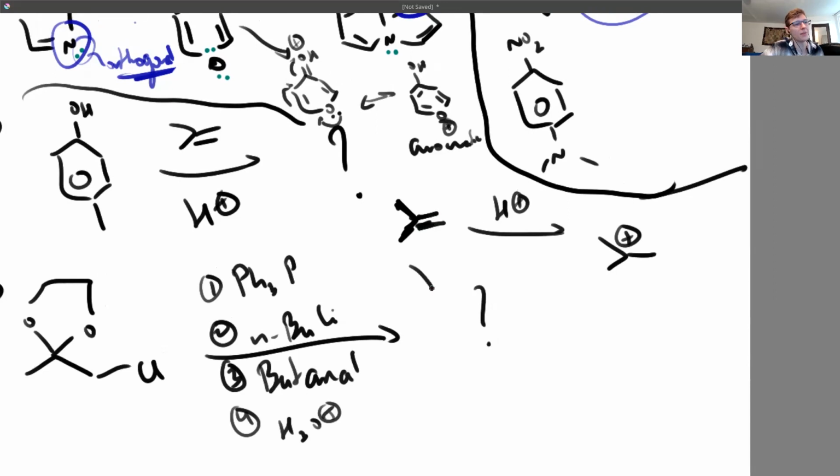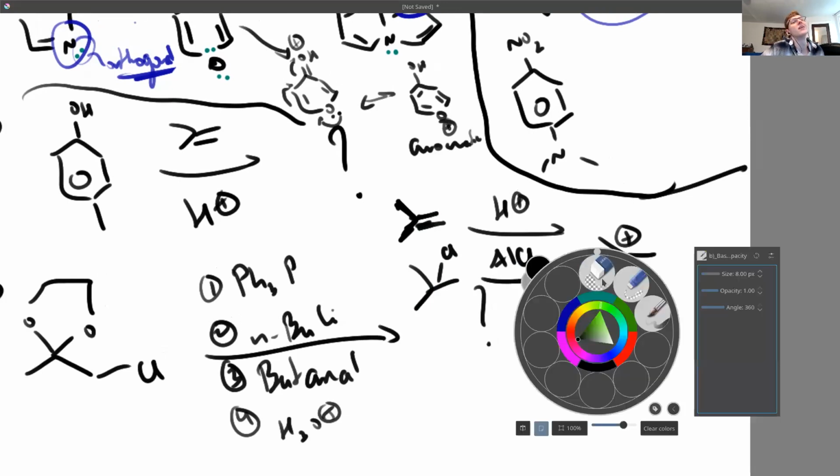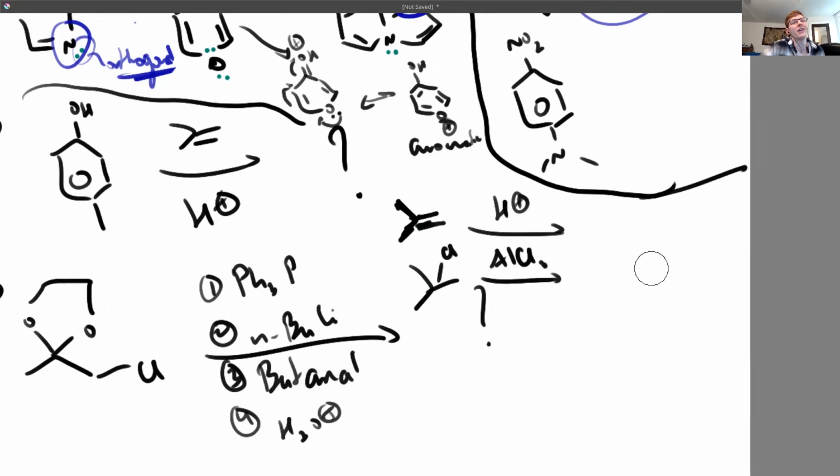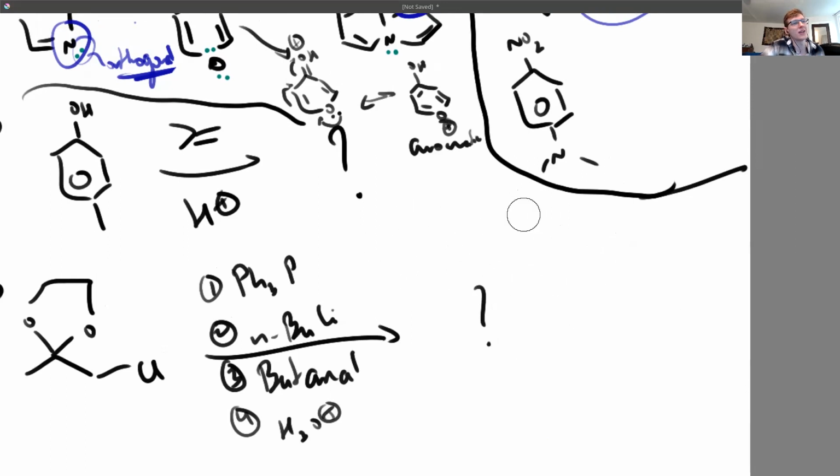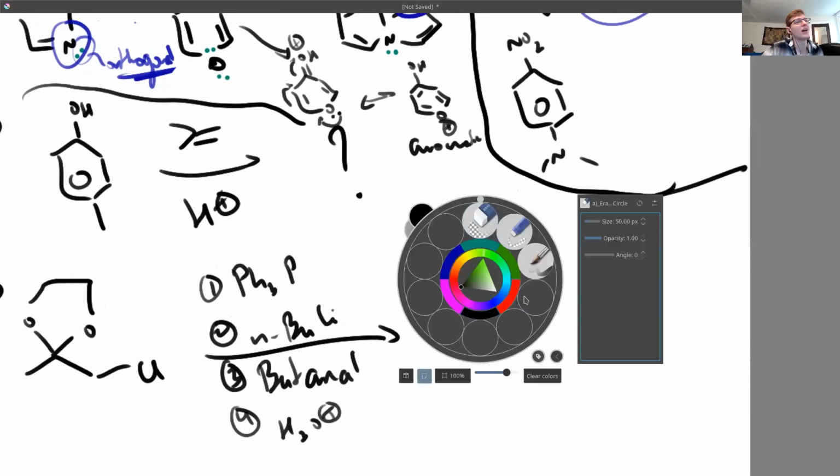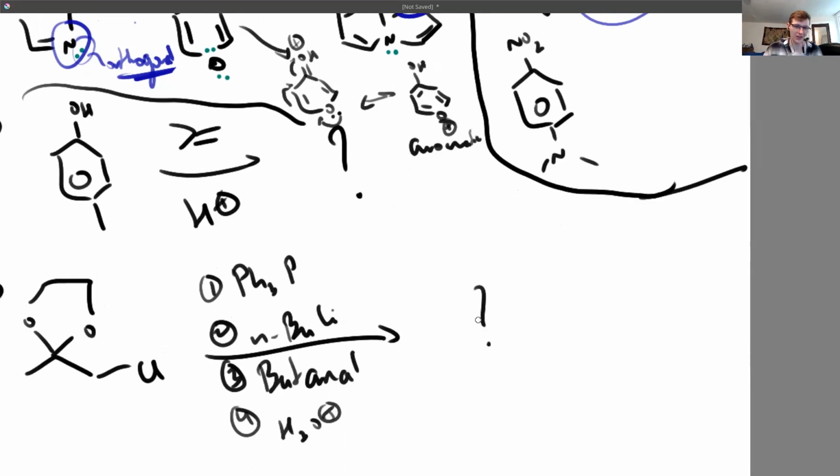Alternatively, if I had written the compound like this, then we would get this. And so it would just be a Friedel-Crafts alkylation. Friedel-Crafts alkylation has the downside, although in this case it's not a downside, that when you alkylate, it gets more reactive. And so you'll alkylate again.